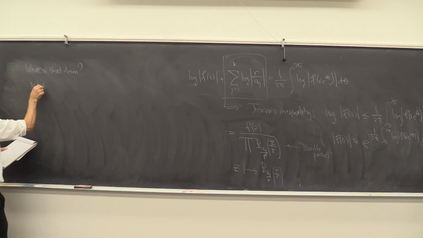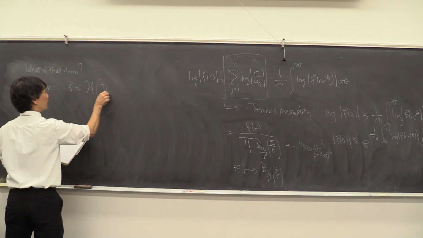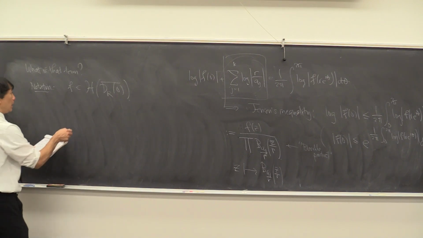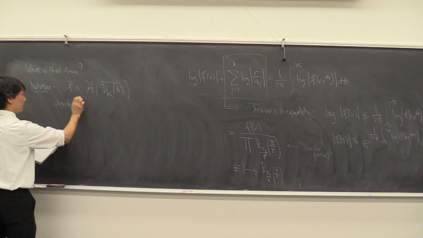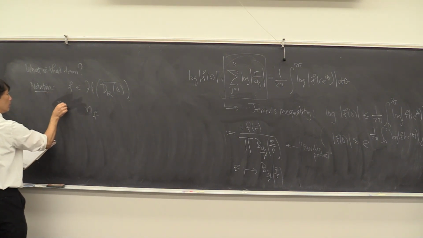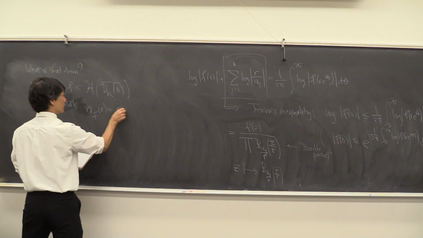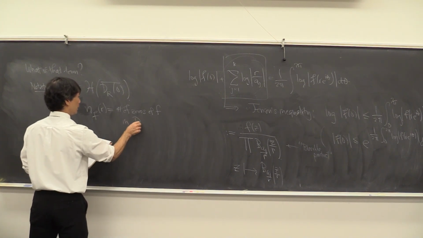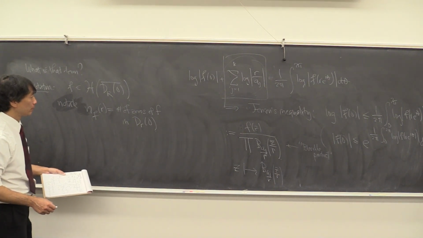So let me introduce some notation. For f holomorphic on the closed disk, in other words, on a neighborhood containing that closed disk, denote by n sub f of r the number of zeros of f in D sub r.